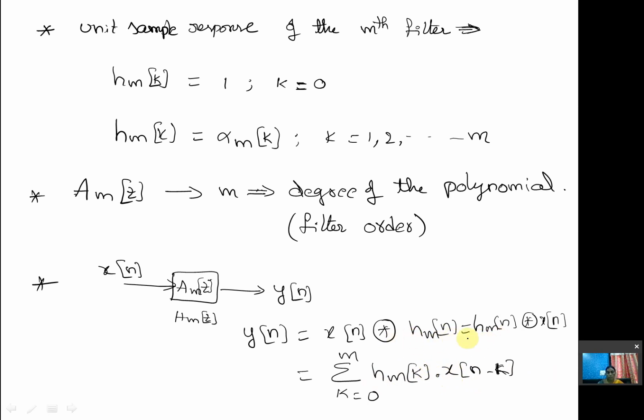What is that from the commutative law. So now hm of k into x of n minus k. So now here from this, y of n is equal to summation k=0 to m hm of k x of n minus k.